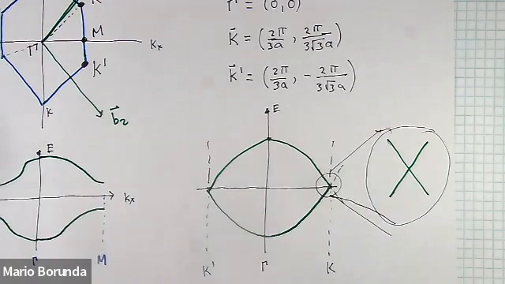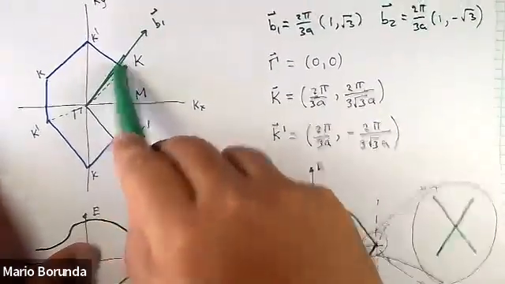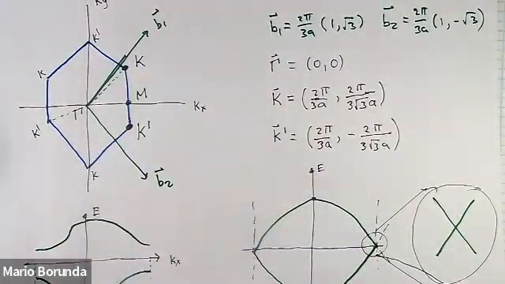Because of the periodicity. And then this one and this one are like this. Would you say those look like two cones? Yeah. Because they're rotated, right? So if we zoom at this point, exactly, two cones touching each other like this.